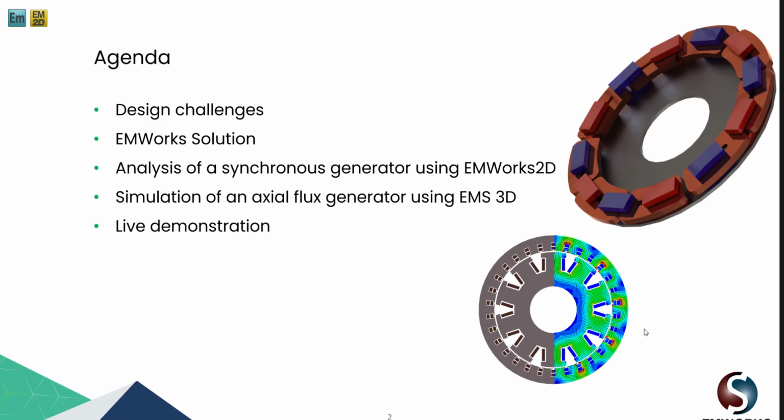Then we will show you an example of a synchronous generator using EMWorks2D, which is radial flux, and then we will do a more complicated problem, an axial flux, which is fully 3D using EMS 3D. After that, we're going to give you a live demonstration of the software itself.